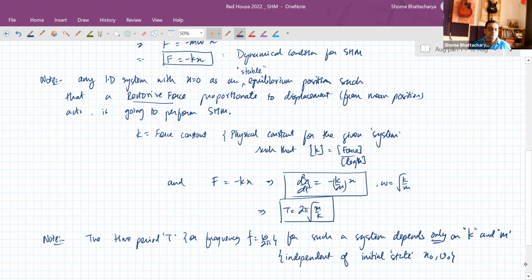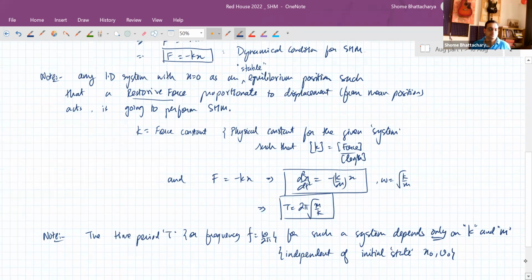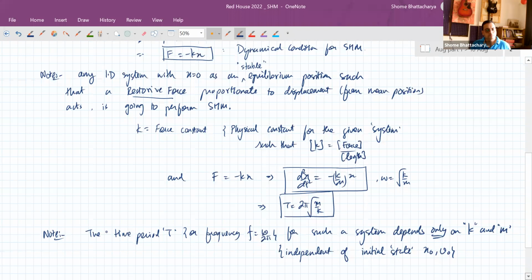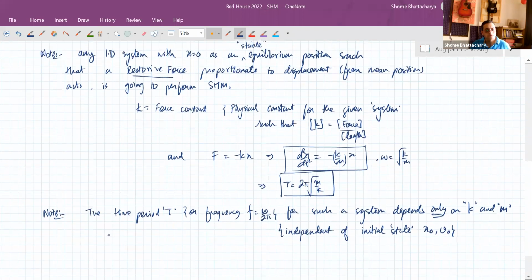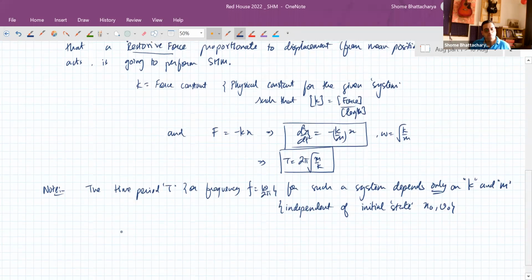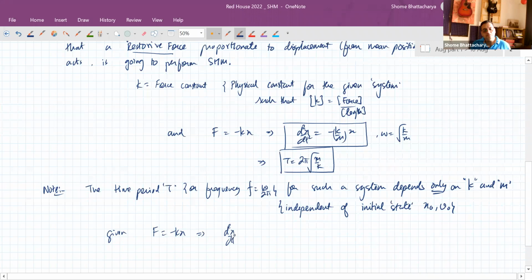So we'll understand these aspects with an example very soon. So given F is equal to minus kx, it implies that d2x by dt square is minus omega square x, where omega square is k by m.